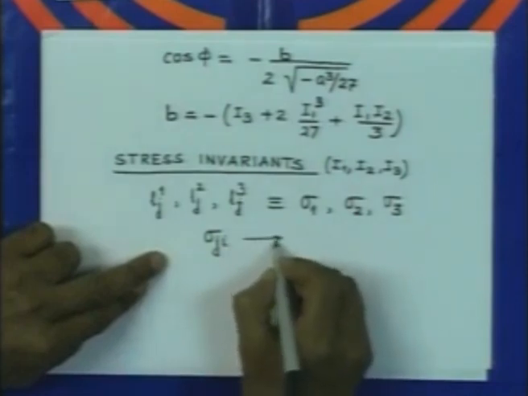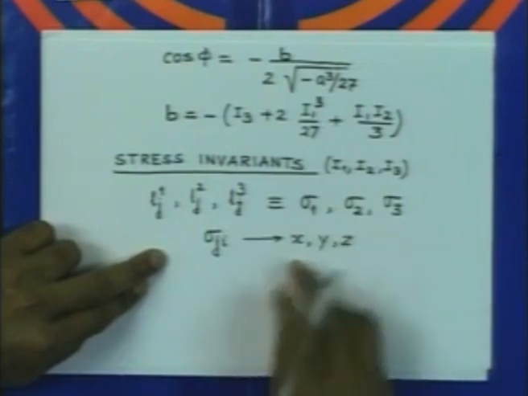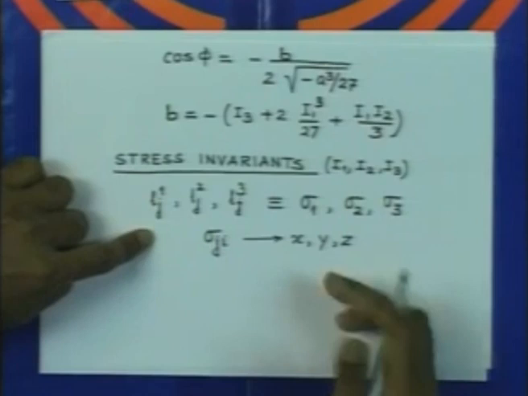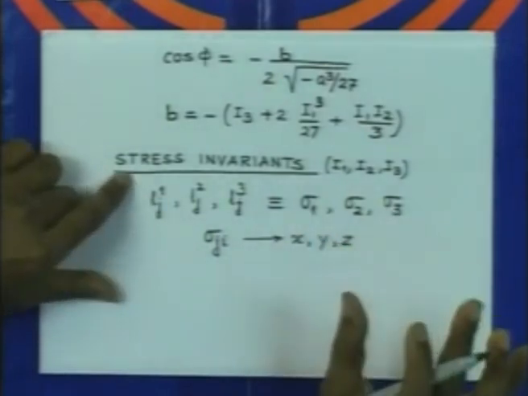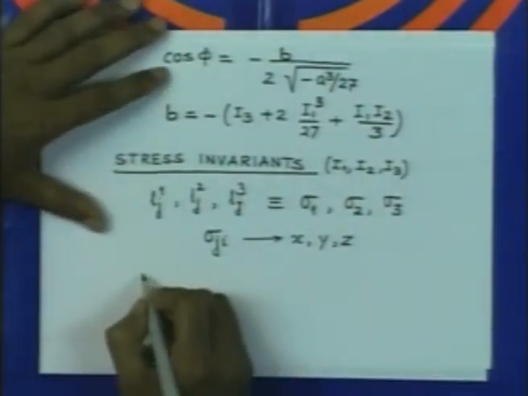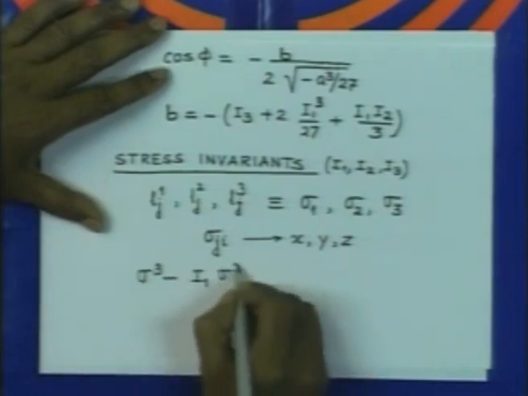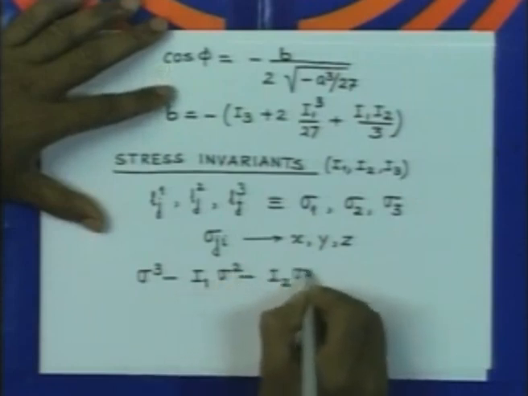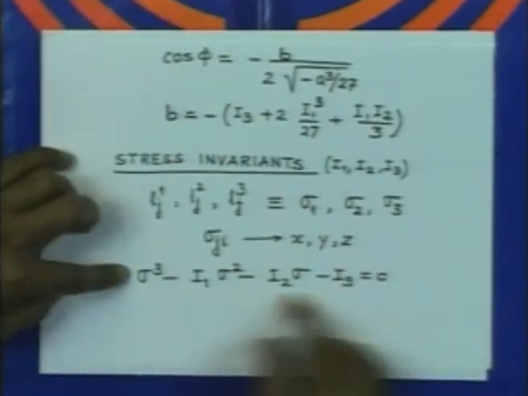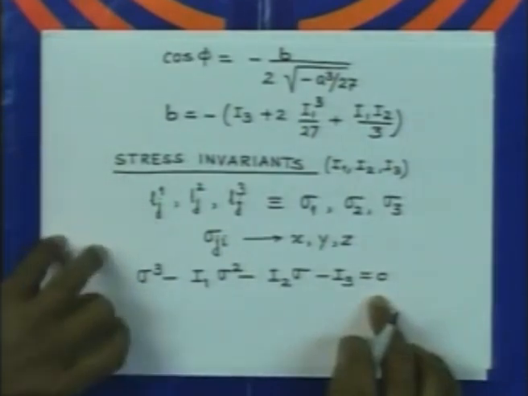So, this stress tensor sigma ji is going to depend on the selection of the coordinates x, y, z, but the values of the principal stresses and their directions are fixed, which implies that the cubic equation that we had written a little while ago, sigma cube minus I1 sigma square minus I2 sigma minus I3 equal to 0, the roots of this equation must be unique. It will not depend on the selection of coordinates.